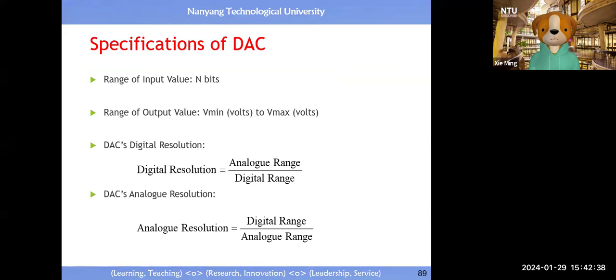Or reversely, each 1 volt of output corresponds to how many variations of the input digital number.